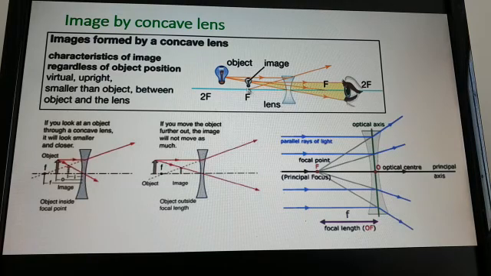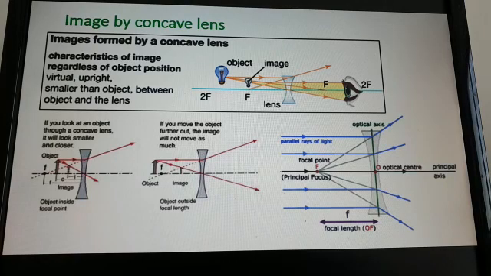This picture shows the formation of an image using a concave lens. If you look at an object through the concave lens, it looks smaller and closer. If you move the object further out, the image will not move as much. This is about image formation of a concave lens.